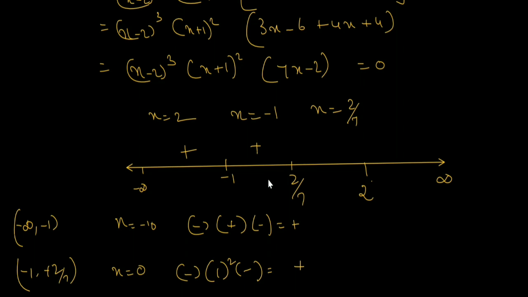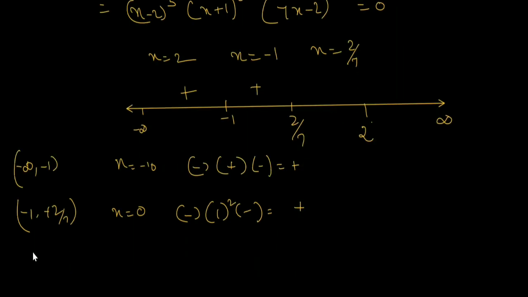This is also plus. Now the next interval, 2 by 7 to 2. Take x is equal to 1. If you put x is equal to 1, 1 minus 2 the whole cube is minus, 1 plus 1 the whole square is plus, then plus. So plus into minus, minus. So this interval it is negative.